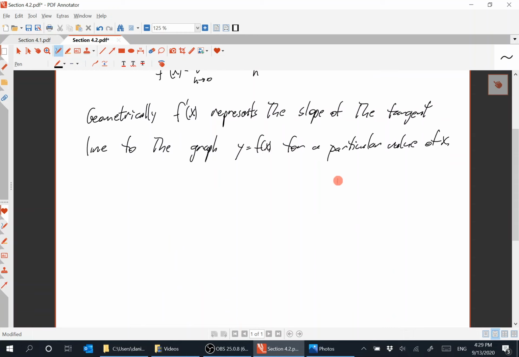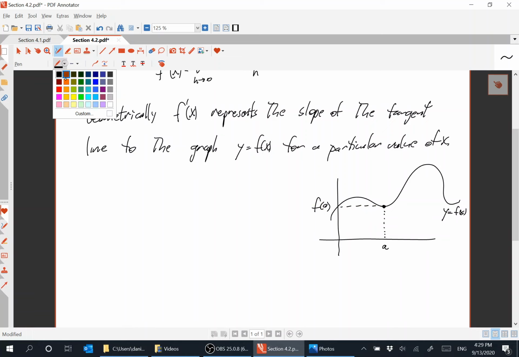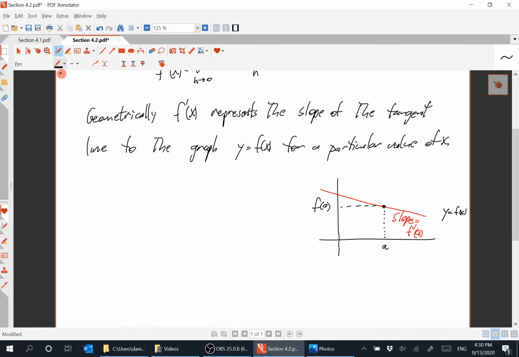Right, so the old picture is, you've got your function, smooth and continuous for the derivative to exist, and say this is the point A, f of A. Right here, the tangent line to the graph at that point has slope f prime of A. Probably I didn't quite draw the graph with that slope.